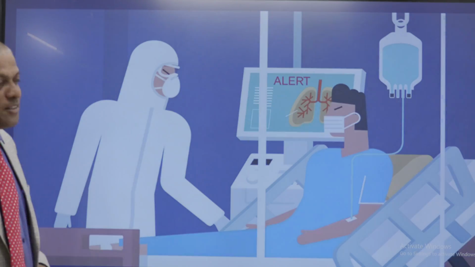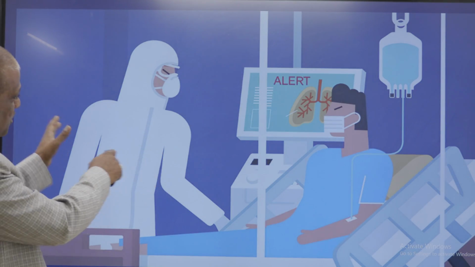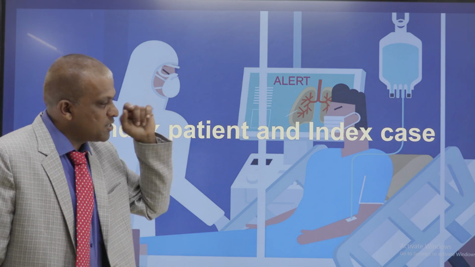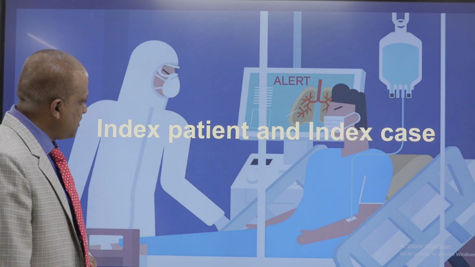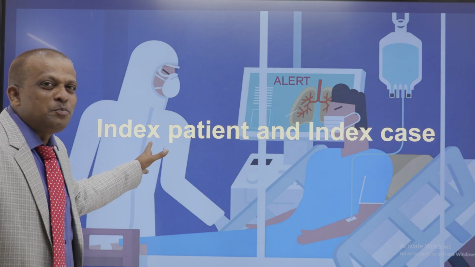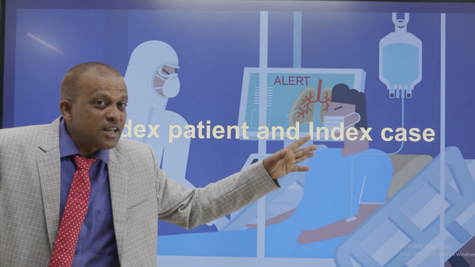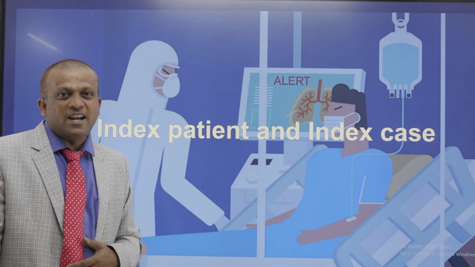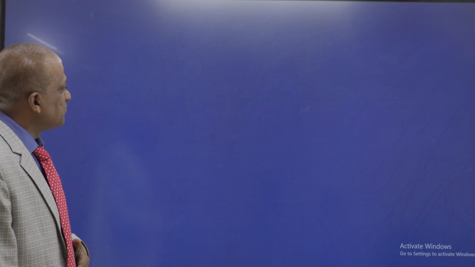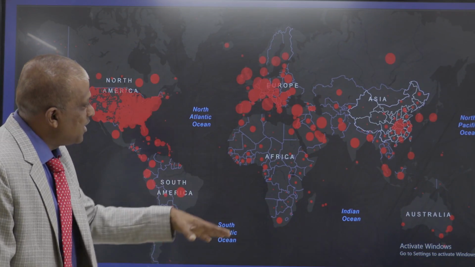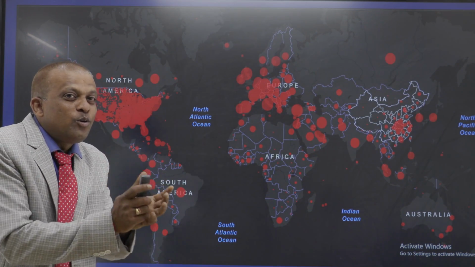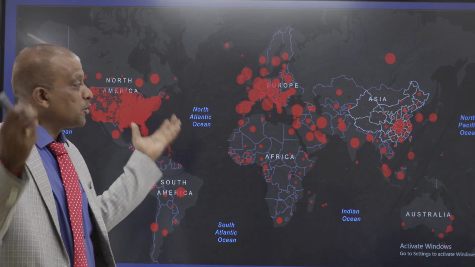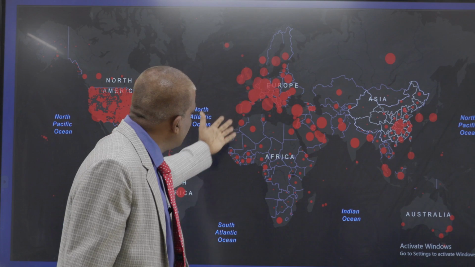Now, let us look at the new words. We see an image of a patient here, index patient and index case, right. So, the first patient, the first case registered is called index patient and index case. So, this gives us a picture of how the virus has spread, how there is some sudden rise from one country to another country.